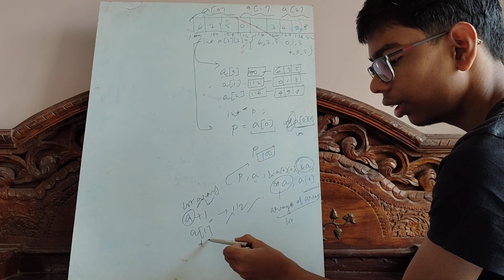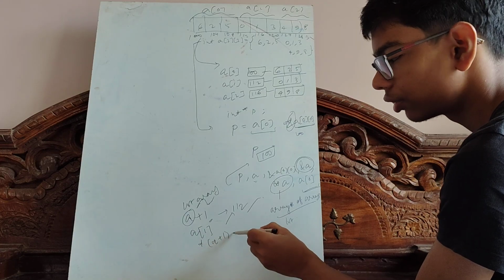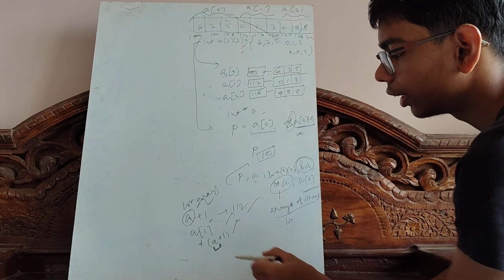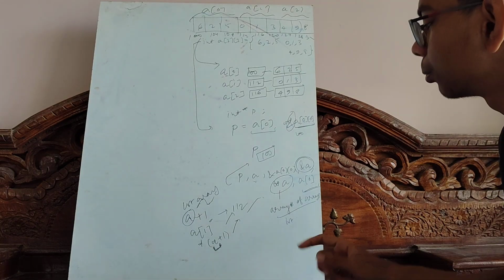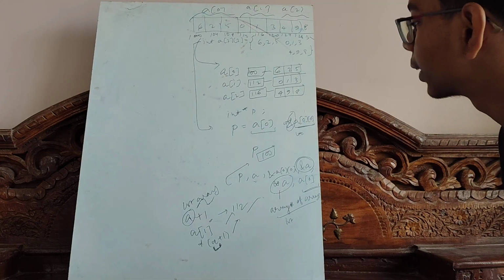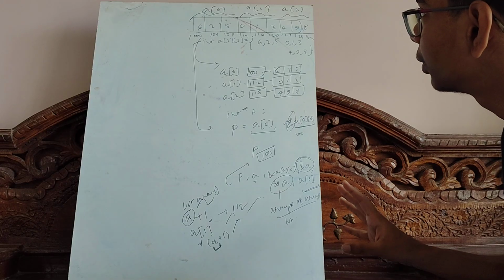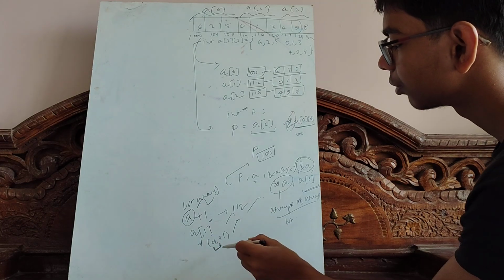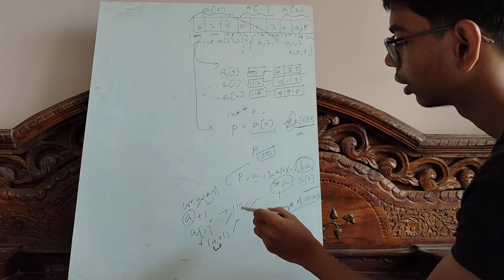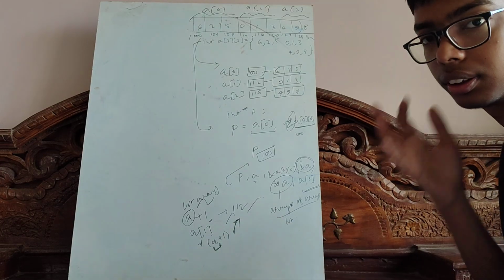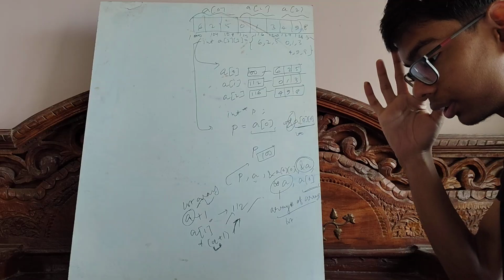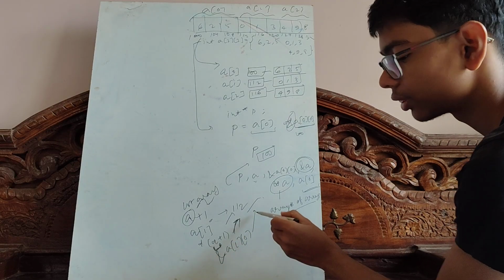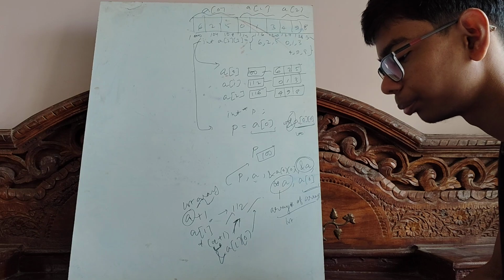Asterisk of a plus 1 will also return me 112, because a is the array. It will return me the base address of the first element. It will return me the first array, right? And this plus 1 will give me the next array after that, and ampersand a of 1 can clearly give me this one, right?